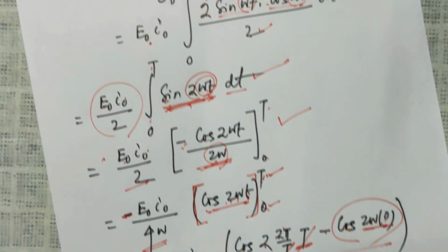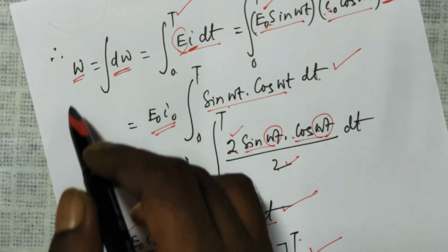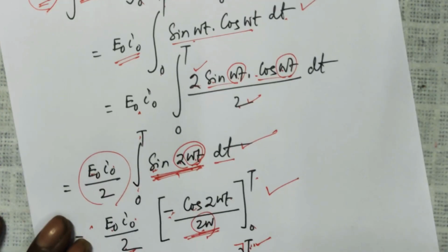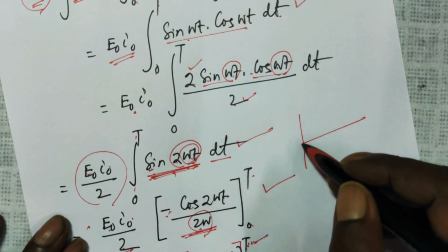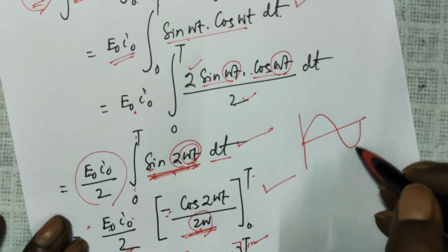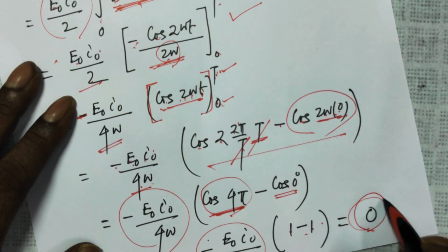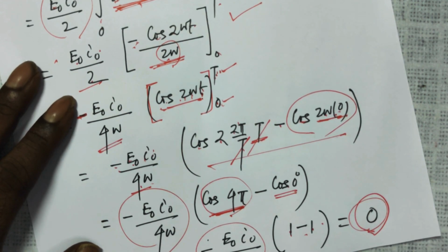So the total work done when the capacitor is getting charged by an alternating EMF, in a complete cycle, what is the total work done? The total work done is 0. So now it's very simple.